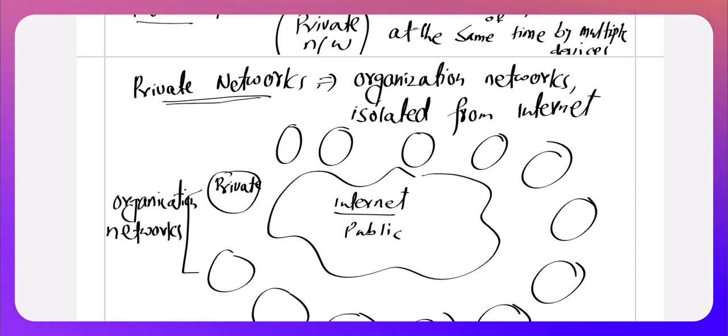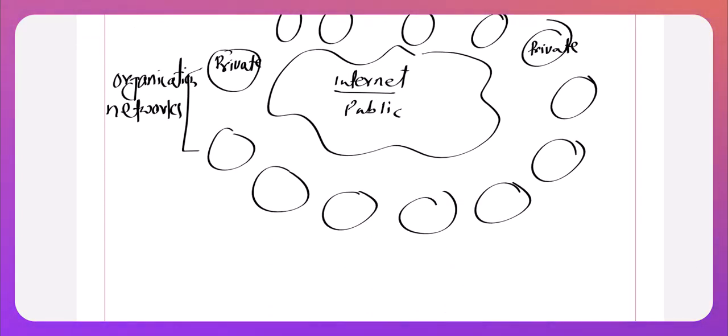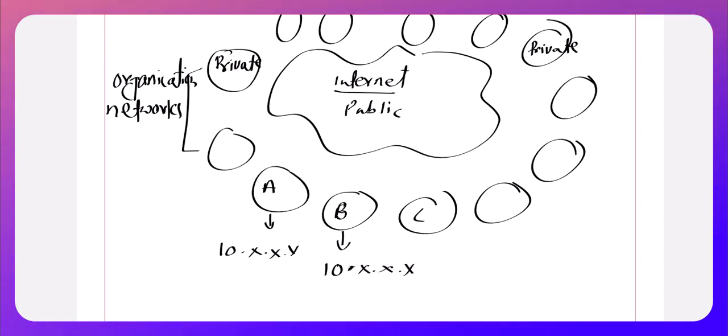The private networks support IP reuse. For example, organization A's network, B and C. Let's suppose A is using class A private 10.x.x.x. B can use the same address 10.x.x.x. C can use the same network 10.x.x.x. No problem, because A and B are both isolated networks, so there is no duplicate issue.